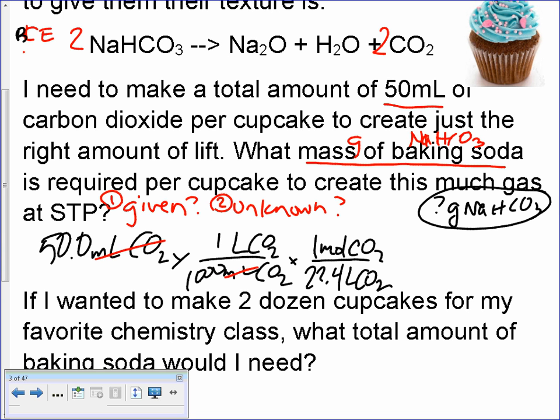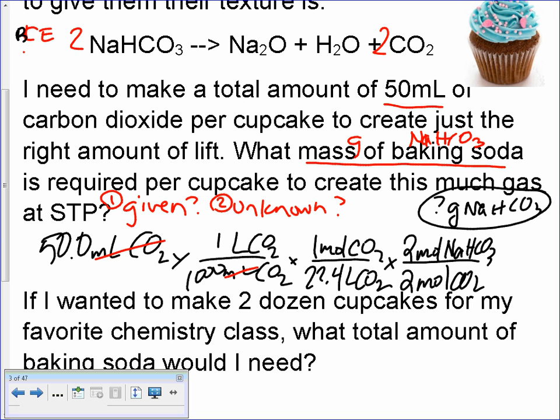So for every 2 moles of sodium bicarbonate I use, I create 2 moles of carbon dioxide. So the ratio is 2 moles to 2 moles. So that's exactly what I'm writing here. So the ratio you just said was 2 moles of who goes on bottom? CO2, because I got to cancel that. And what goes on top? So 2 moles of NaHCO3, sodium bicarbonate.